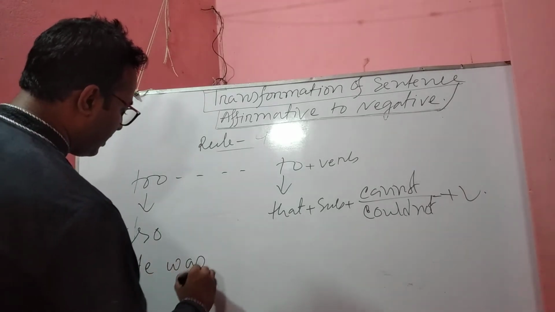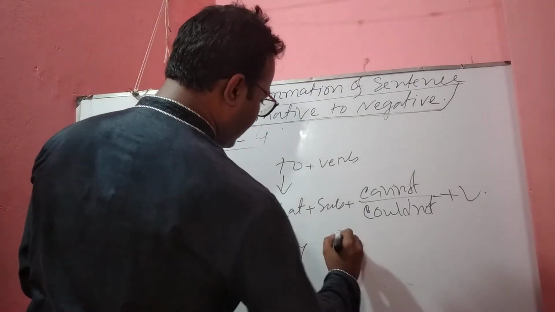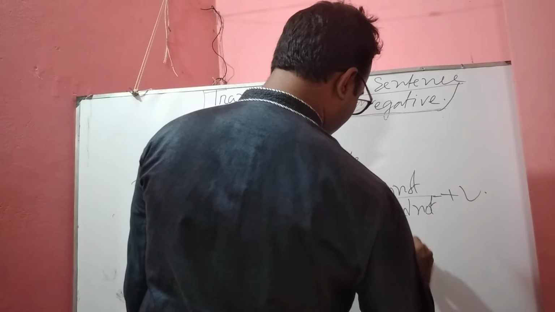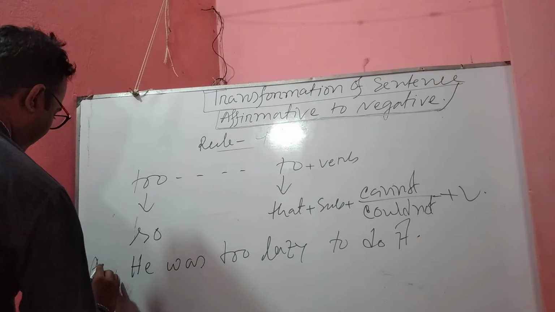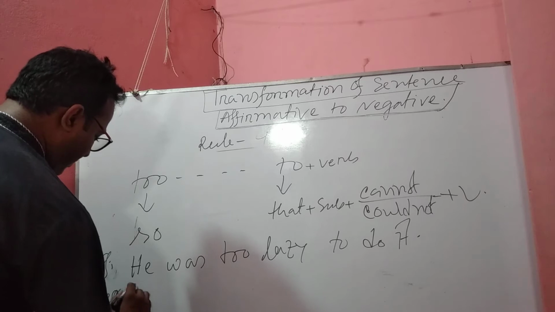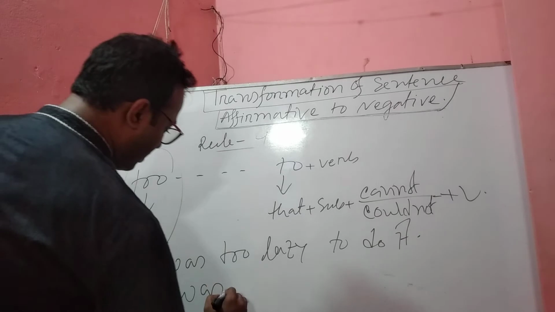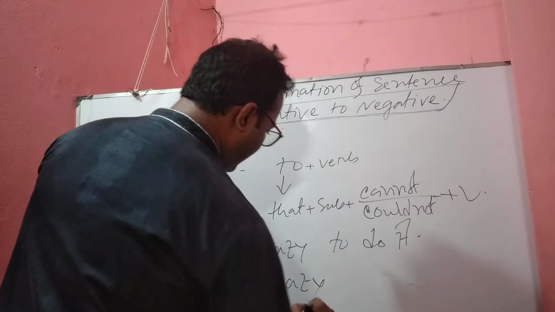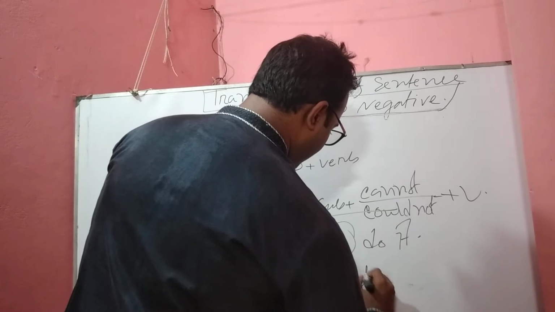He was too lazy to do it. The negative form will be: He was so lazy that he could not do it.